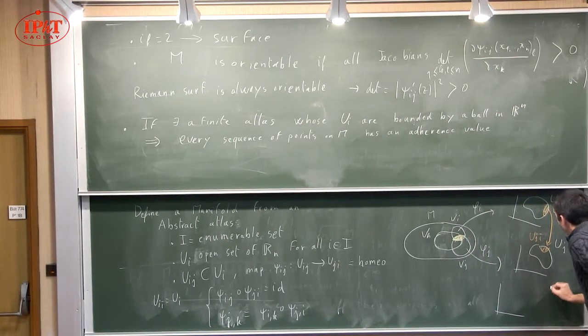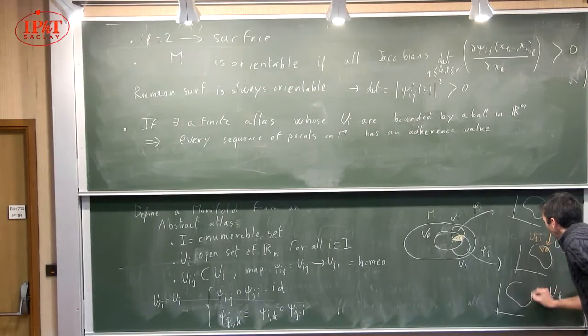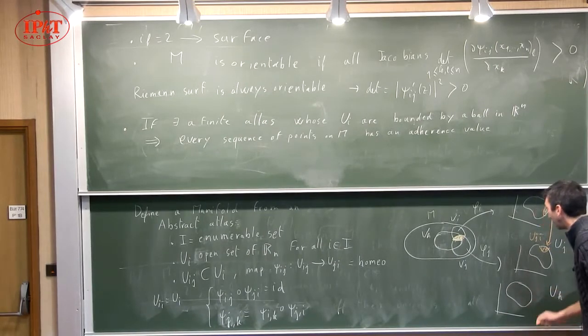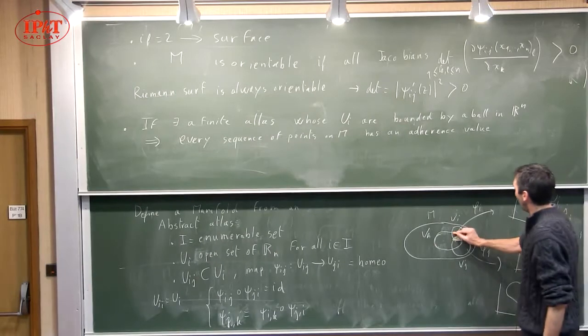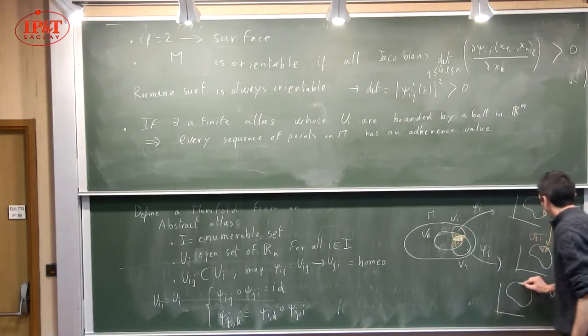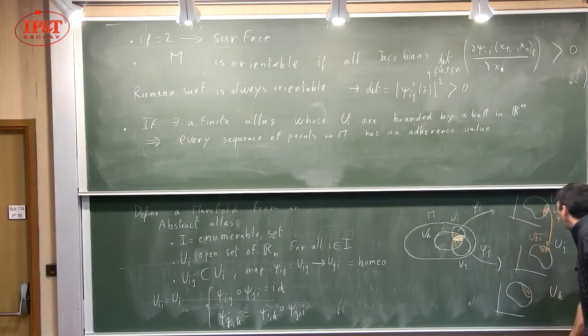So here you have Uk, one smaller subspace, and you want to make sure that the transition map to go from there to there is the same as the transition map going from there to there, composed by the transition map from there to there.